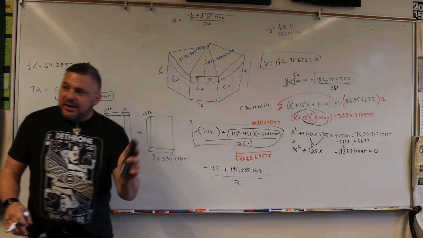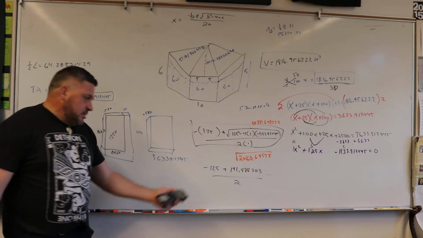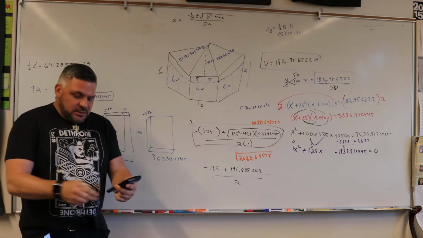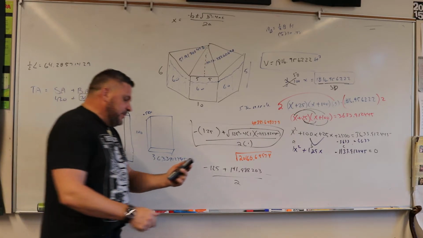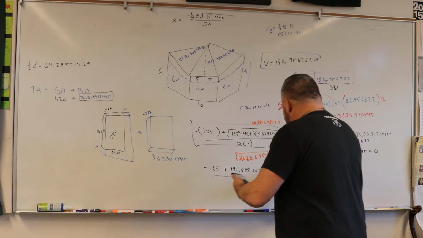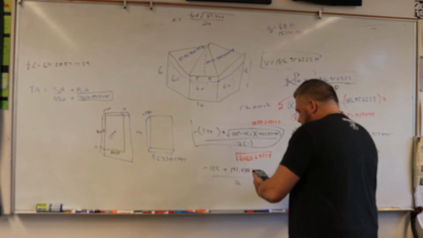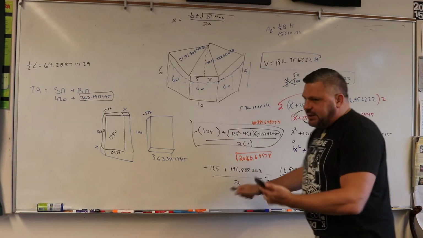So now I have my 141, right? What am I going to do to that? I'm going to subtract 125 from it, that's all. So I'm going to say minus 125, hit equals, and I get 16.98820296 all over 2. So what am I going to do there?